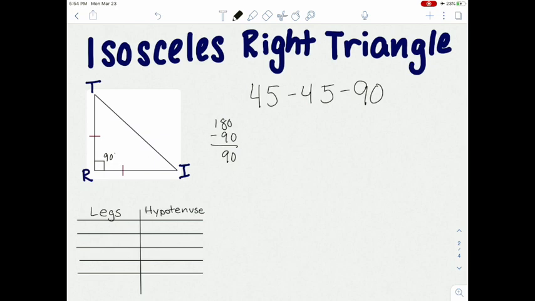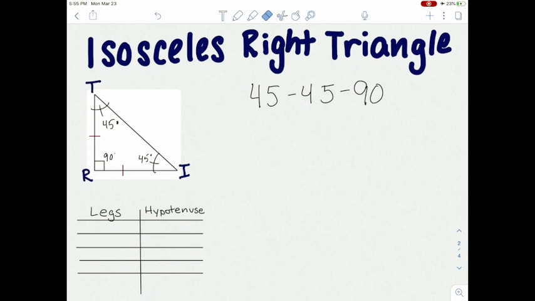And since this is an isosceles right triangle, we know that the base angles need to be congruent. So that remaining 90 degrees has to get divided up evenly, which makes each of them worth 45 degrees. So that's why it's called a 45, 45, 90 triangle. It represents all of the degrees in the triangle.